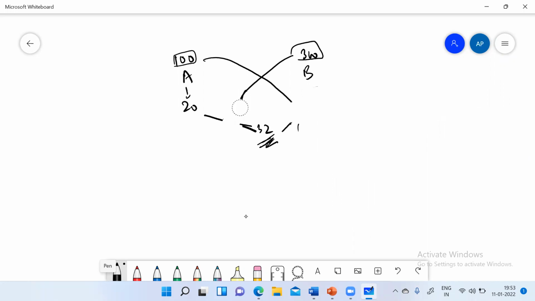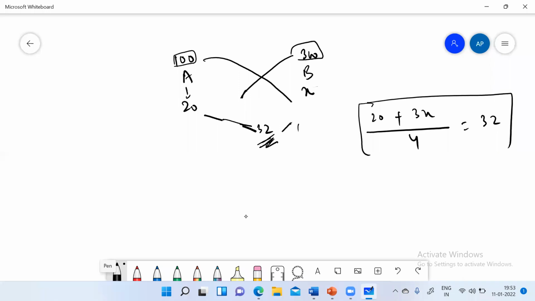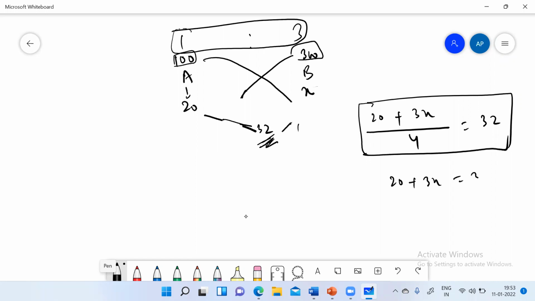If we would have considered the average value of B is x, what we know is that (20 plus 3x) divided by 4 is equal to 32. मतलब if we take the 1:3 ratio, we could have done it the normal way also, है ना? तो इसको भी करोगे तो वही आएगा: 20 plus 3x is equal to 32 into 4, and 3x is equal to 128 minus 20, which is 108, and x is equal to 36. So we could have calculated the value of x as 36 also.